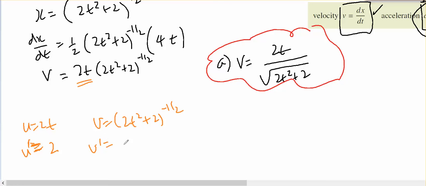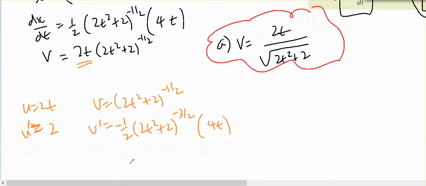Therefore v dash will be negative a half times (2t squared plus 2) to the negative 3 on 2 times 4t, which will be negative 2t times (2t squared plus 2) to the negative 3 on 2.